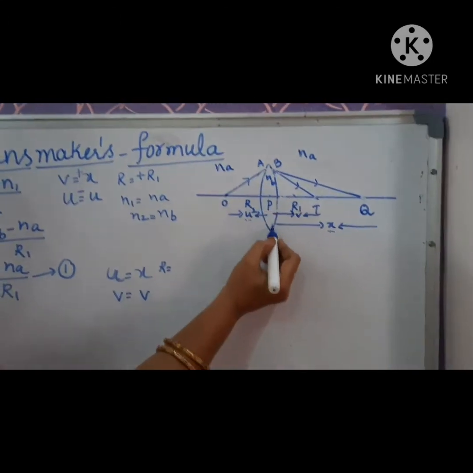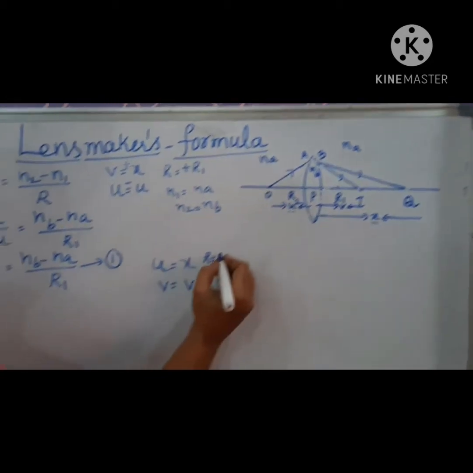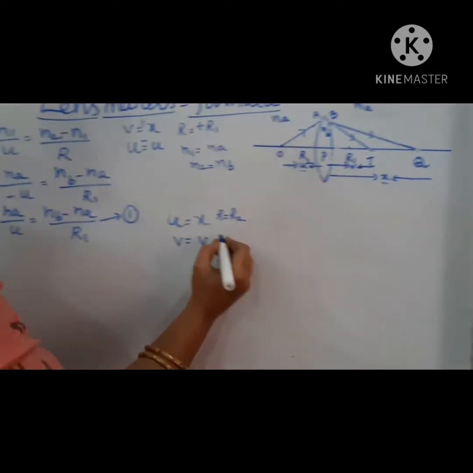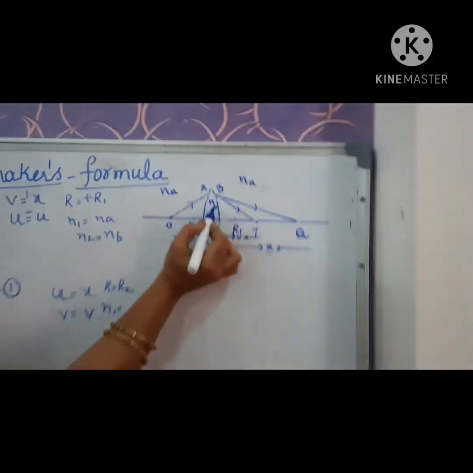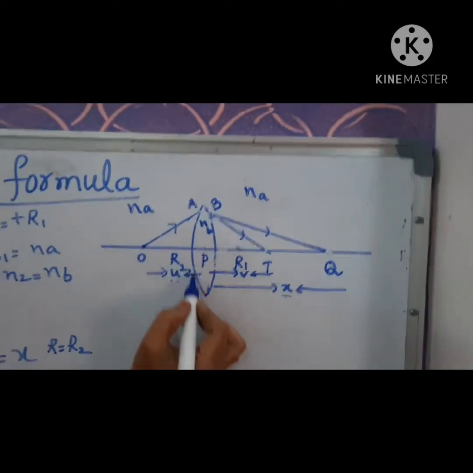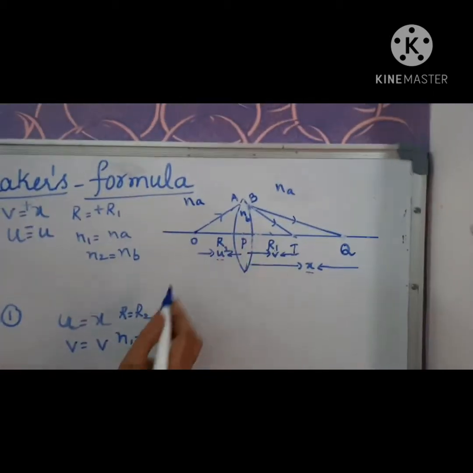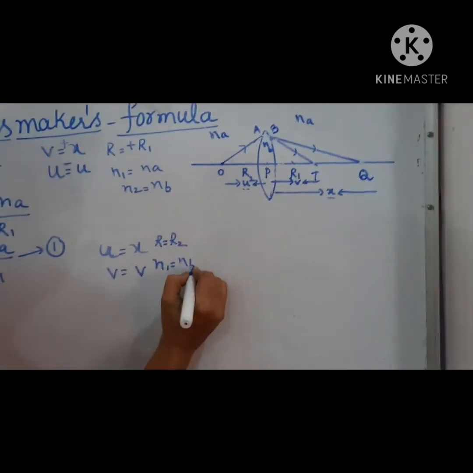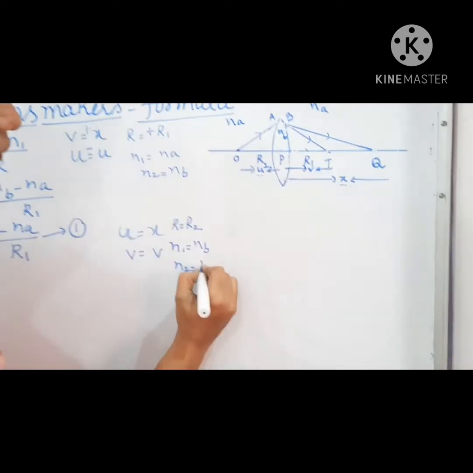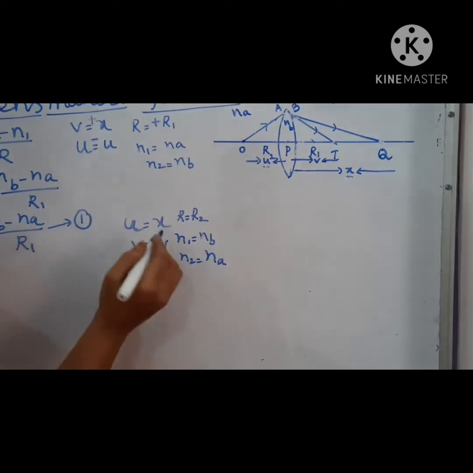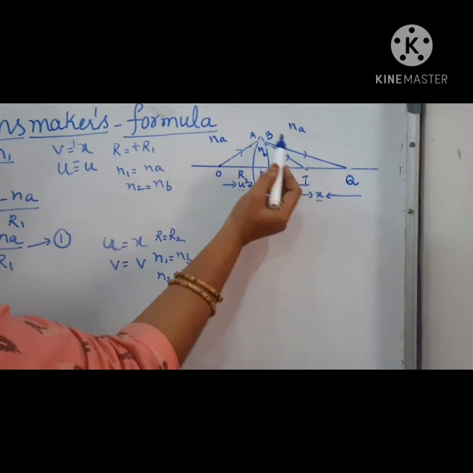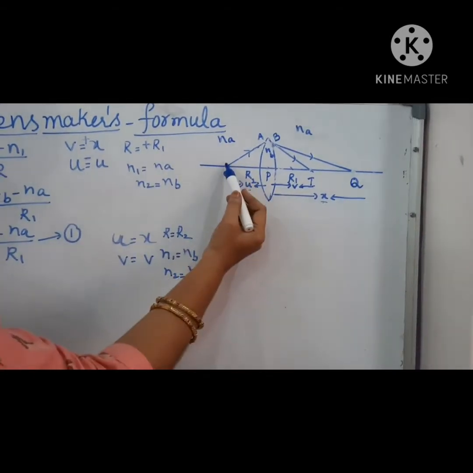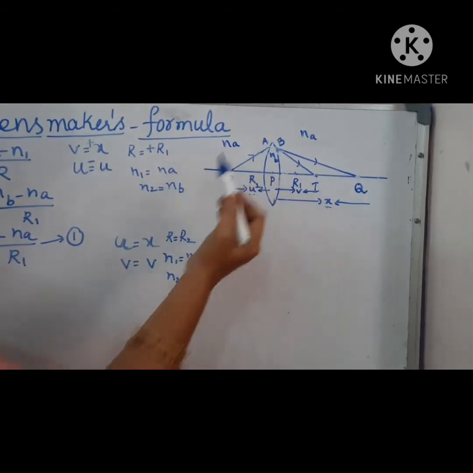For this surface, R2 is the radius of curvature. And N1 is the refractive index of the lens, which is treated as the first medium, so N1 is equal to Nb and N2 is equal to Na. Here the light ray goes from denser to rarer, whereas in the first situation it underwent refraction from rarer to denser.